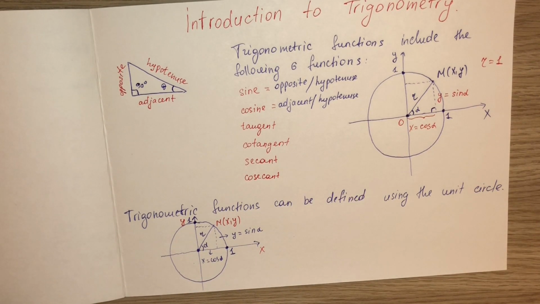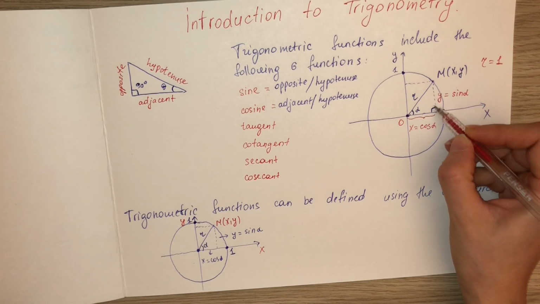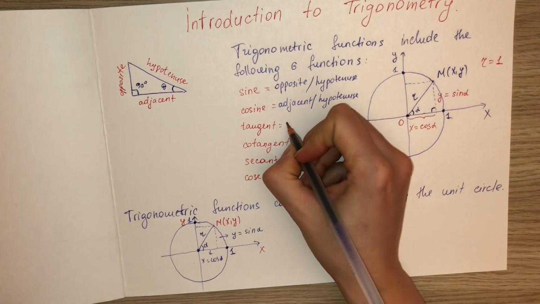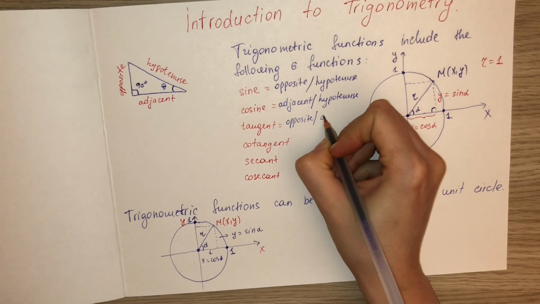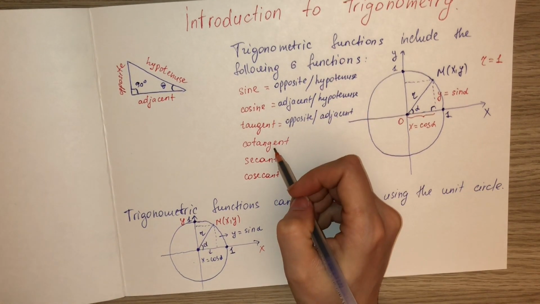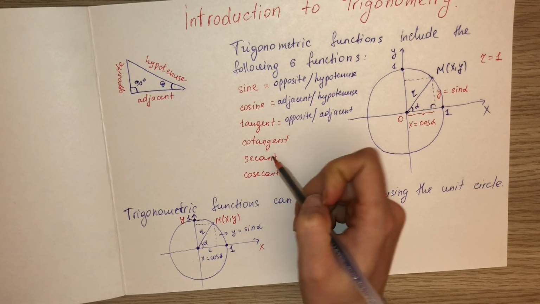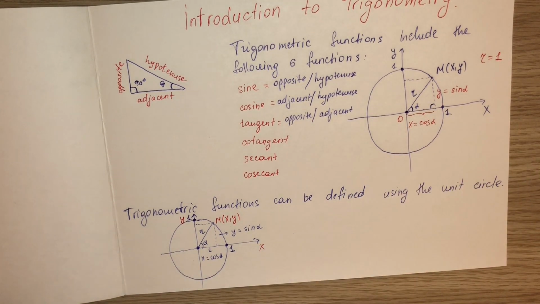The tangent of an angle alpha is the ratio of the opposite leg to the adjacent leg. The cotangent of an angle alpha is the ratio of the adjacent leg to the opposite.